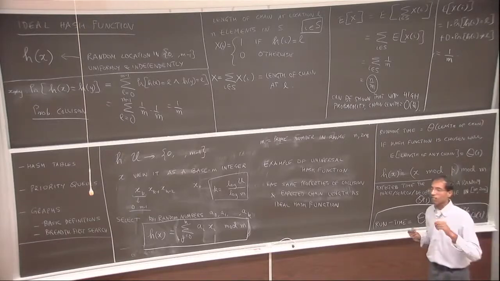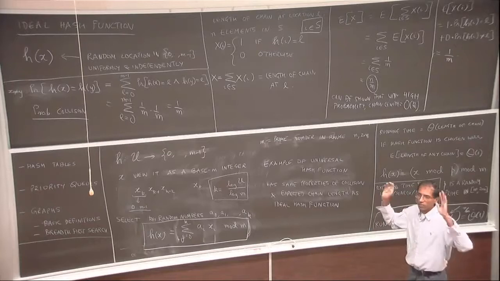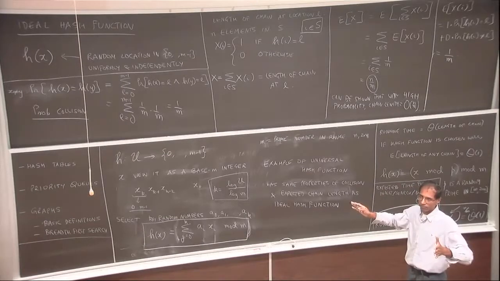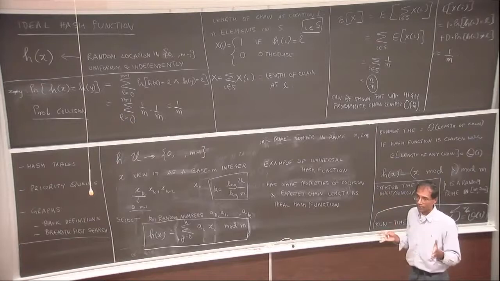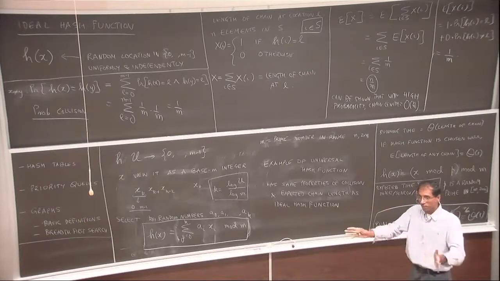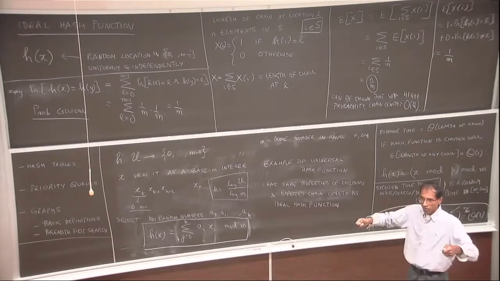What we don't have control on is the size of the universe, right? We don't have any control on the size of the set S, because it's going to come and go with some number n. So we know the universe.